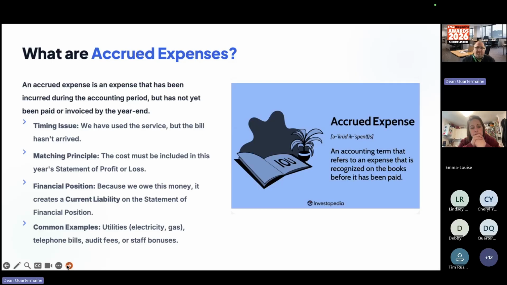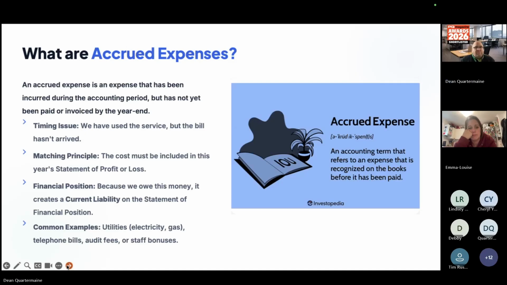So you can imagine if we, for example, rent an office. Rent's a bad example, but we'll use it. We rent a building and we pay our rent in arrears. So we rent the building from 1st of January to 31st of January, and then we pay at some point in February.